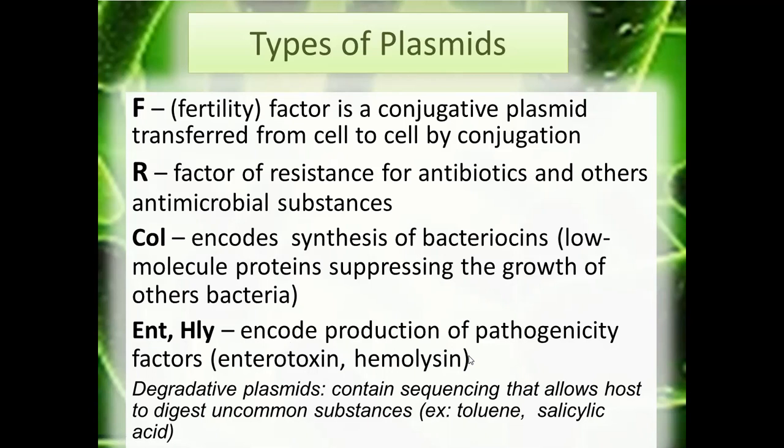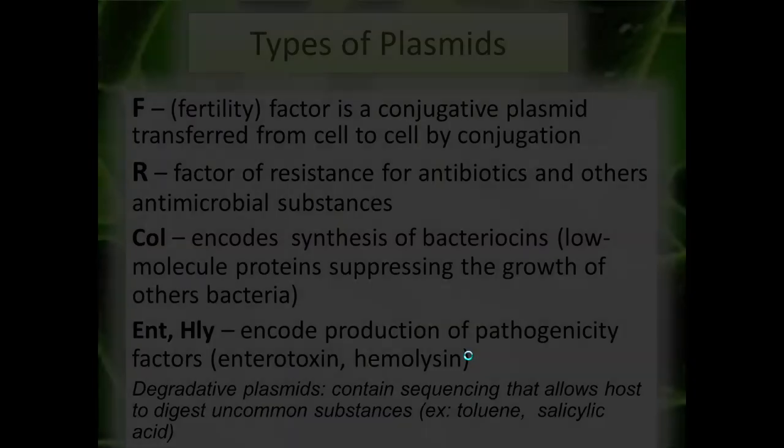And non-pathogenic free-living bacteria often possess degradative plasmids, which allow them to ingest some unusual substances like toluol or salicylic acid. So these plasmids are not necessary for bacteria, but they encode some important properties of them.